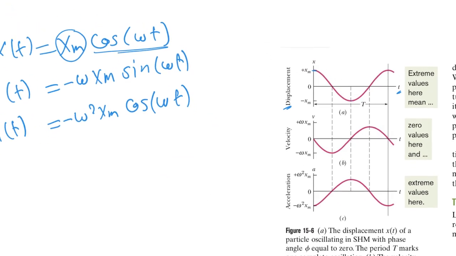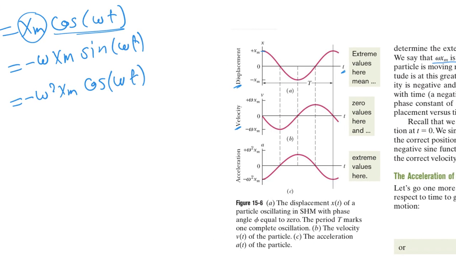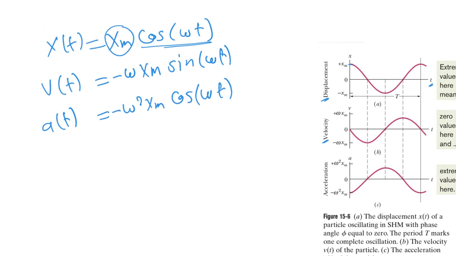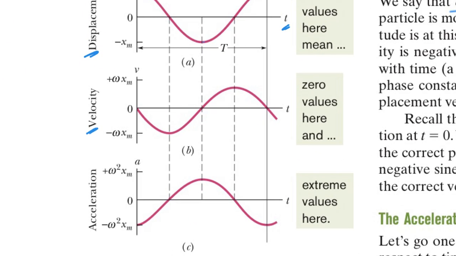Okay, now if we come and draw the velocity of the simple harmonic motion, for the particle which moves in a simple harmonic motion, the shape is sine, and not only the sine, the minus sign. And here omega xm is the amplitude of the velocity, or the highest velocity reached by the particle. So when we draw the sine, we will draw it inverted.